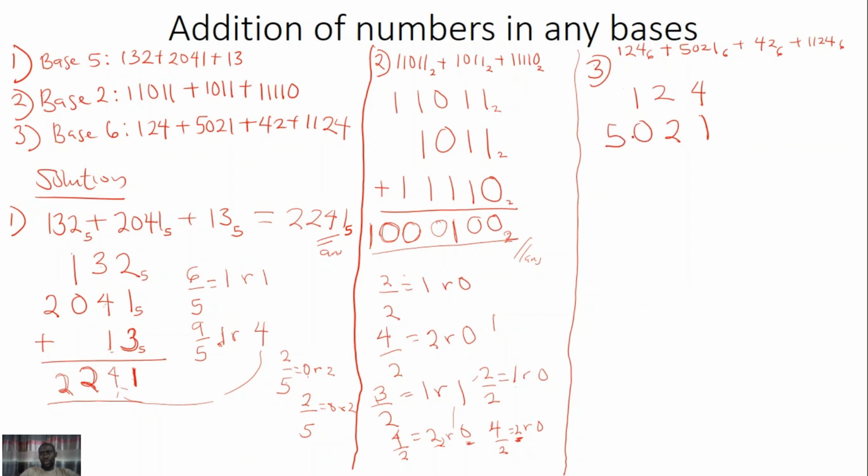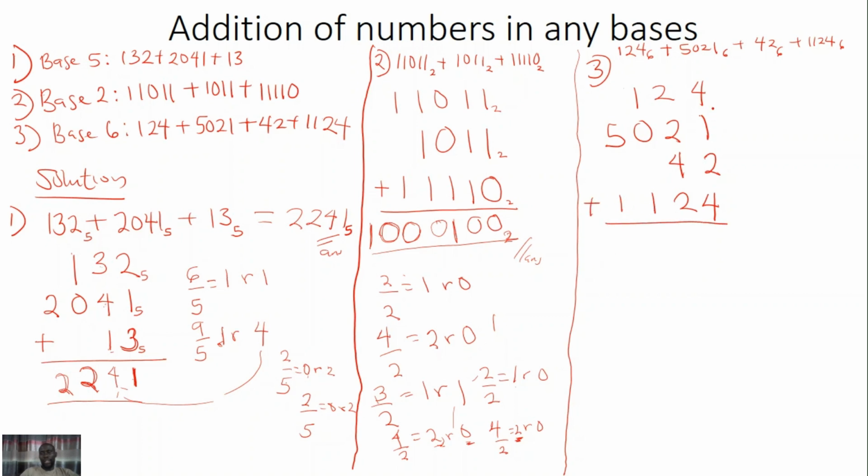That's 5021 plus 42. Align the number on the extreme right first. Okay, plus 1124. Again, align the number on the extreme right first before those on the left. 1124 will be like this.